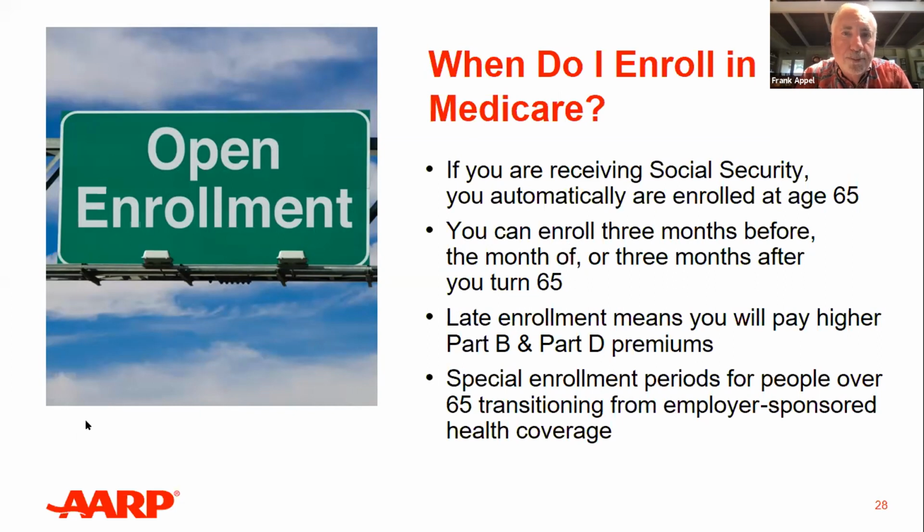If you're working for an employer that has 20 or more employees, or your spouse is, you can delay your Medicare enrollment until you actually retire or your spouse retires, and that coverage is going to end. At that point, you have an 8-month window to enroll in Medicare. So, okay, let's move on.